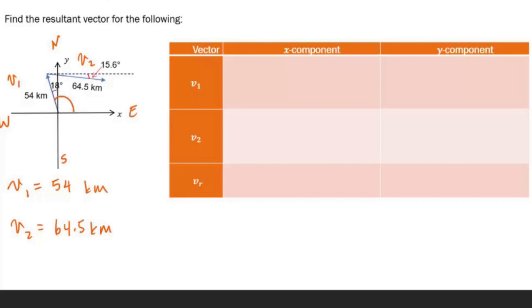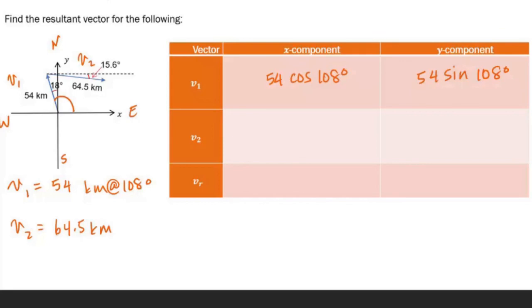This isn't the reference angle, this is just 18 degrees off of the y-axis. We've got an angle of 90 plus 18, or 108 degrees. So for vector 1, to find the x component, we'll use 54 times the cosine of 108 degrees. And to find the y component, we'll use 54 times the sine of 108 degrees.